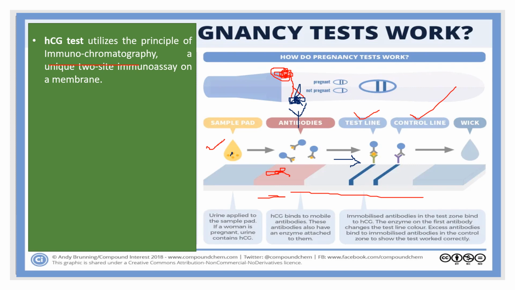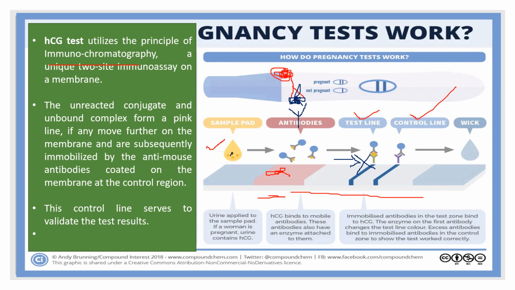They will form a complex with it and give a reaction and will give the color. If the mother's urine does not have any HCG, every unbound antigen and antibody will move towards the control line and generate a color there, but there will be no color generation at the level of the test line. So this is the principle.